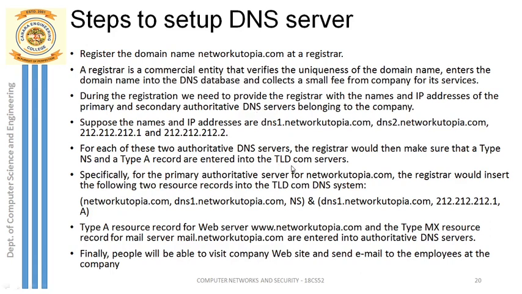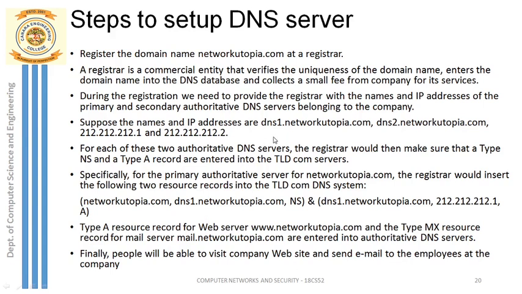So for our .com TLD server, it is enough to contact the primary authoritative DNS server, since this is the outside world. So our .com TLD server may have information something like this. See, networkutopia.com, this is the first part, that is the host name, whereas the second part can be the DNS server name.